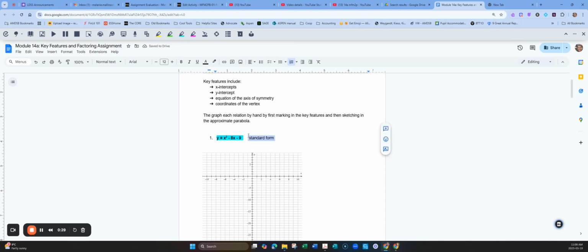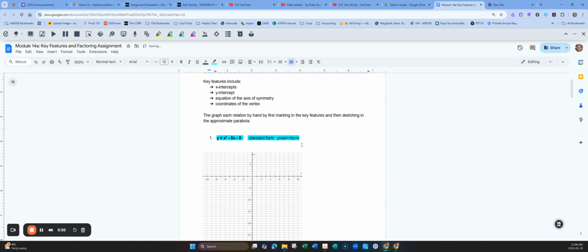And what do we know? What did we just learn in our previous lessons? What can we easily see when our equation is in ax squared plus bx plus c? That's basically our standard form of our equation, right?